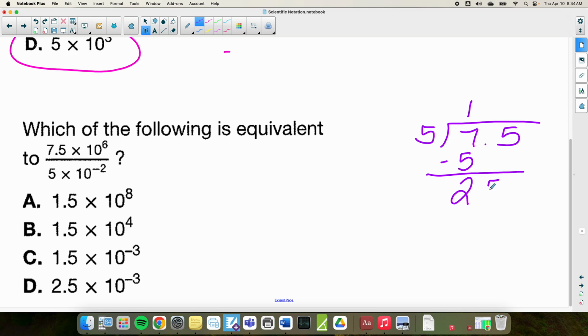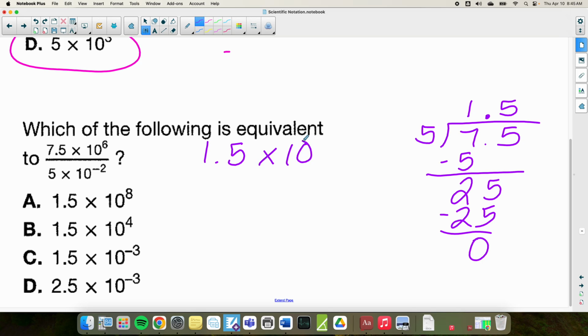Then I would just bring my 5 down, but I put my decimal point up above that, right? And then 5 goes into 25 5 times, so it's 1.5, okay? So when I divided those, I got 1.5.